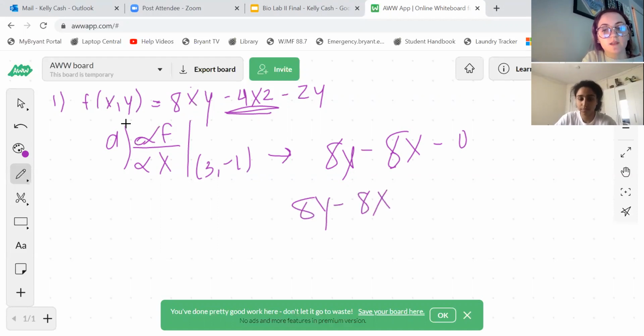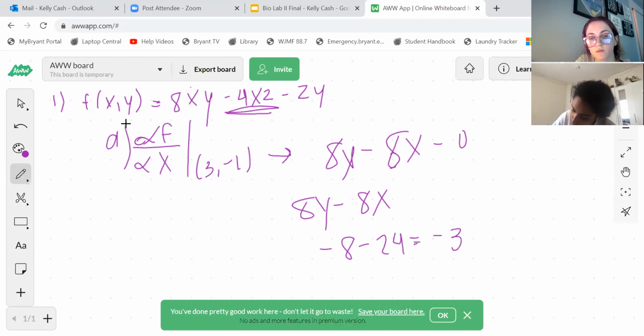And then it asks us to plug in 3 and -1 for x and y. So we basically get -8 minus -24, and you get -32.